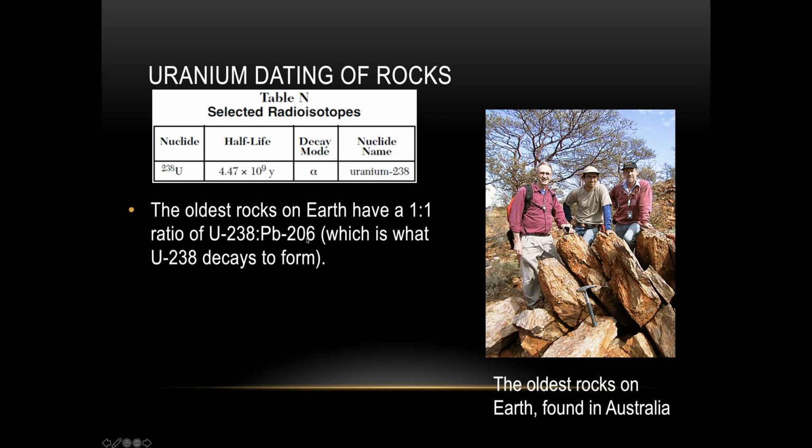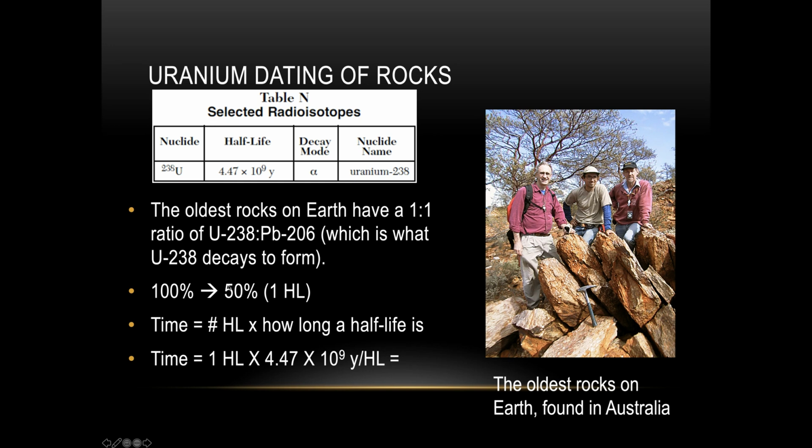Since only one half-life has gone by, and that half-life is 4.5 billion years, that's how we are able to determine the age of the Earth as being 4.5 billion years old. And we've also found other radioactive isotopes with long half-lives that we've verified this age with. So now we have a good handle on how long at least the Earth's crust has been around.